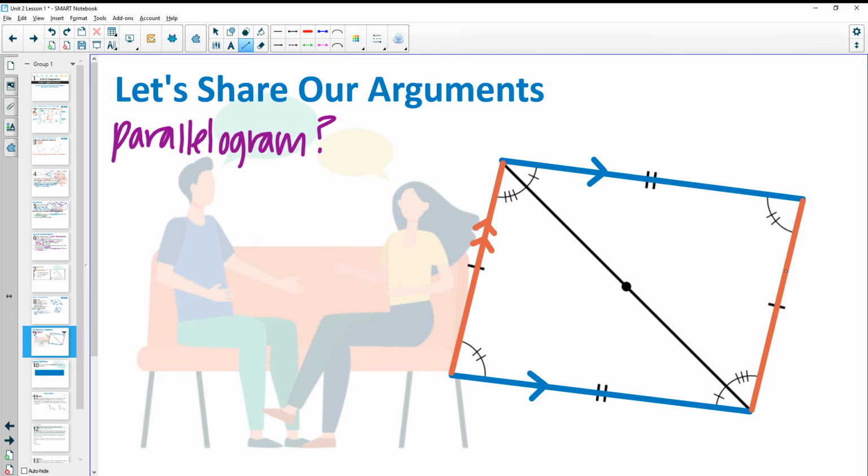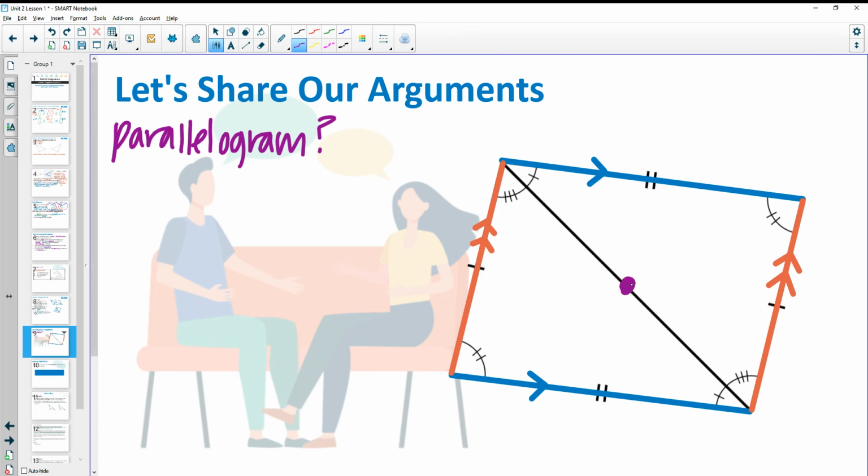So the idea here is, can we prove with facts that those two sides are parallel? Not just by looks, but have you learned anything that would help you justify that those two sides are parallel? And you could have come up with various things here.